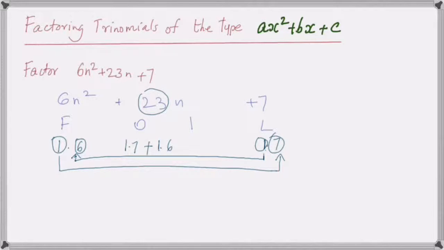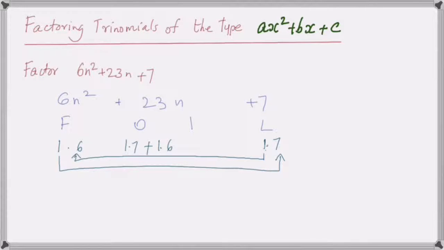If it's not, we have to keep guessing the factors of a and the factors of c until you find numbers that satisfy the condition.